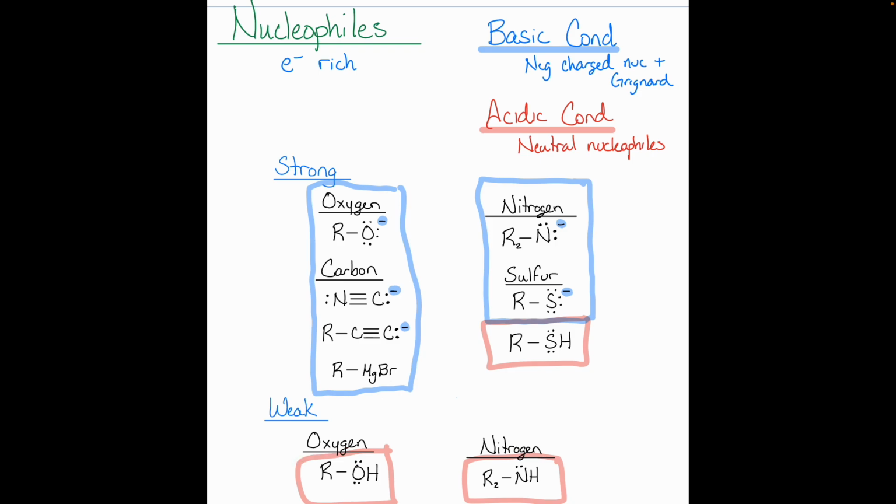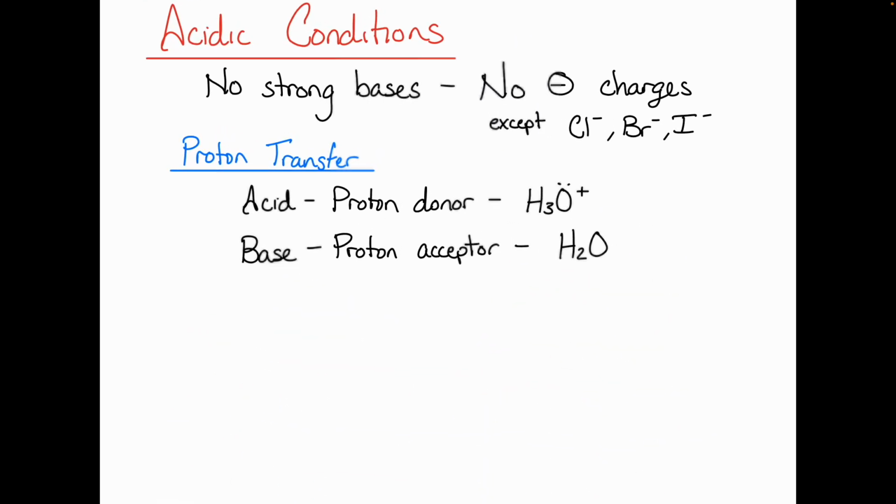All right, so let's take our epoxide and we're going to react it with one of our neutral nucleophiles here under acidic conditions. Let's use that good nucleophile, that thiol.